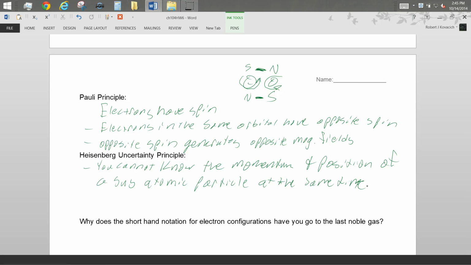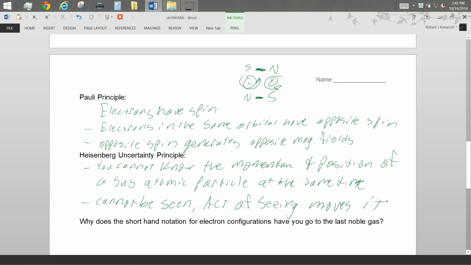Why? Because any light used to try and view it under any sort of microscope would physically move it. The act of observing it actually moves it. So every time we go to look at it, it's not actually where it was.